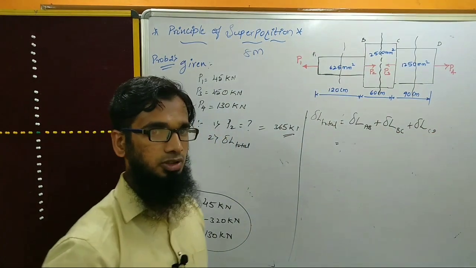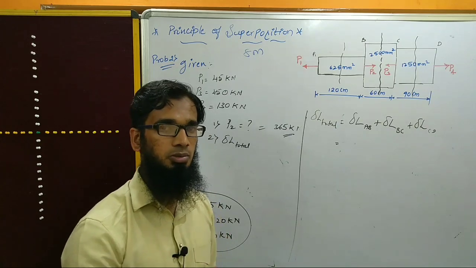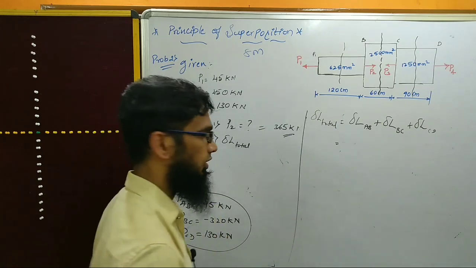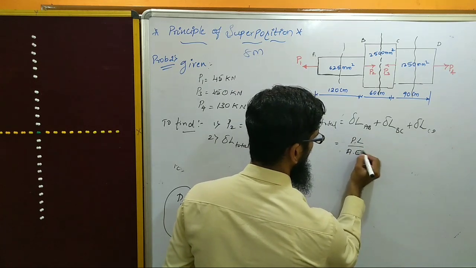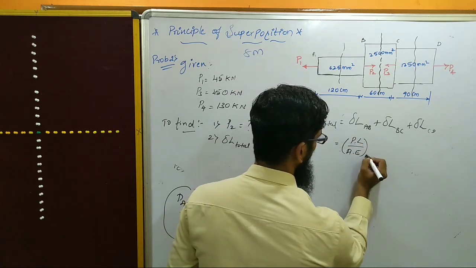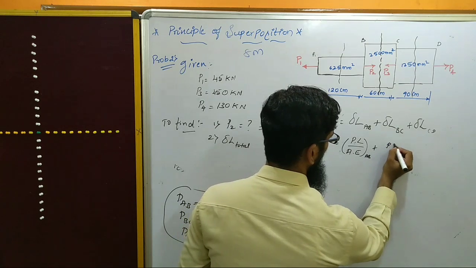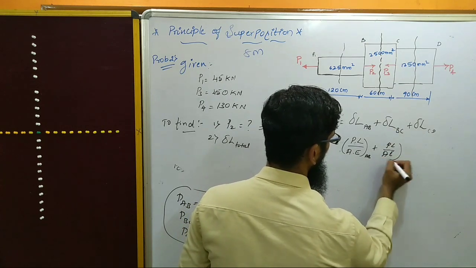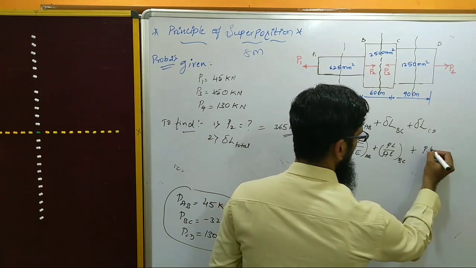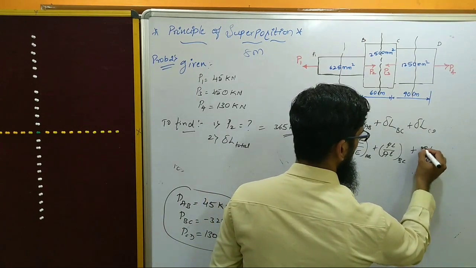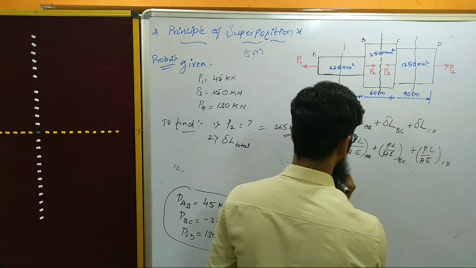But we know the equation delta L is equal to what? It's PL by AE, by Hooke's law. PL by AE for member AB, again PL by AE for member BC, again PL by AE for member CD.